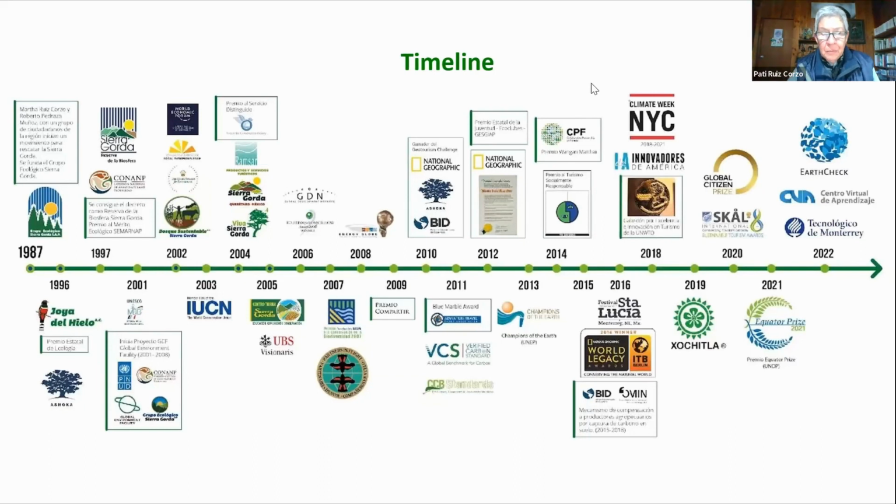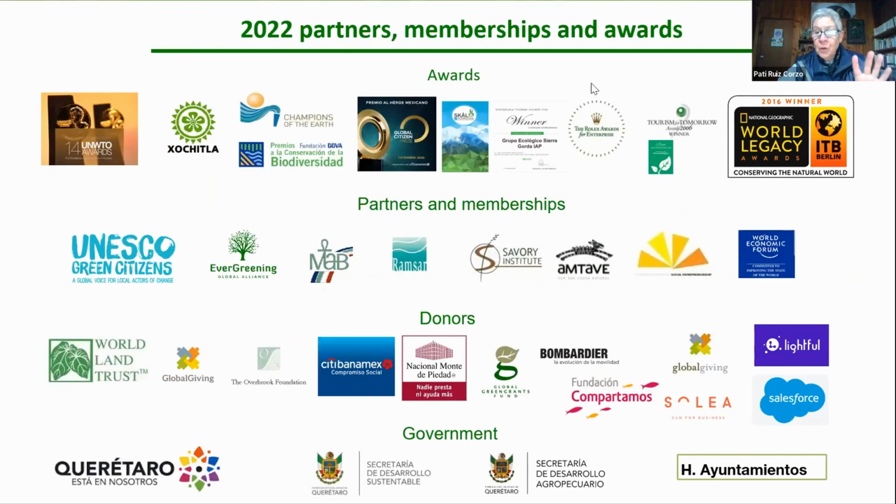There we are: Grupo Ecológico, the sister organizations, and many alliances and work groups that we belong to. We have more than 42 international awards where every line of action has been rewarded and recognized, and it is part of the capital of this local NGO.